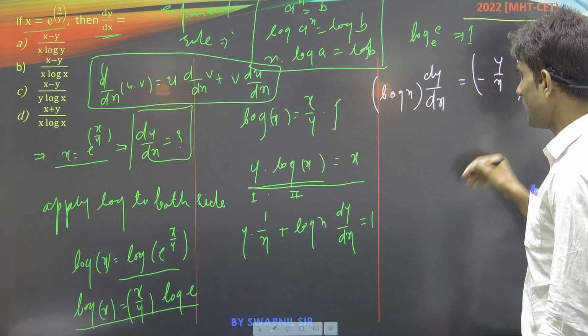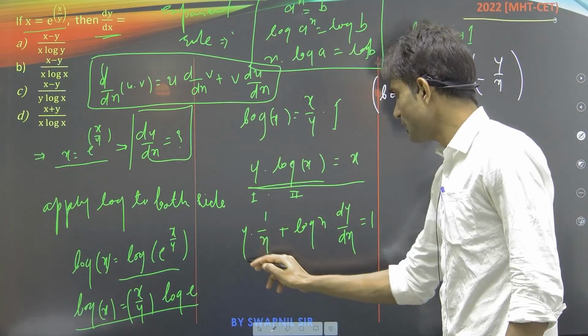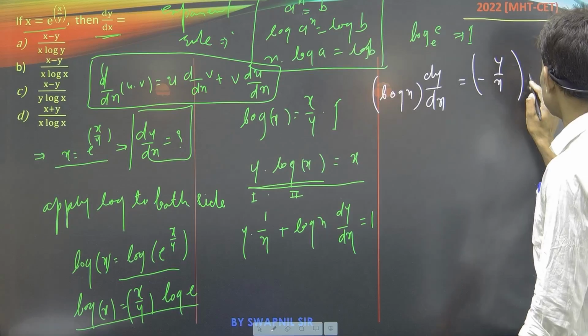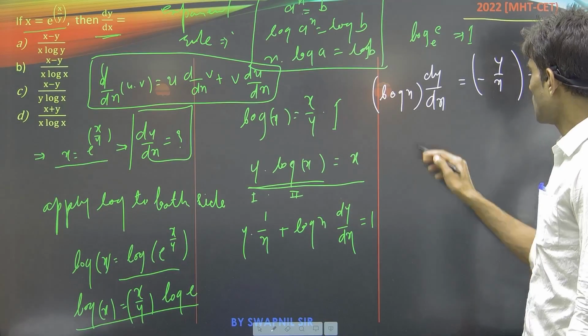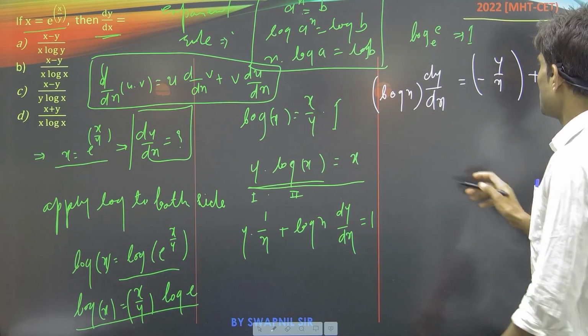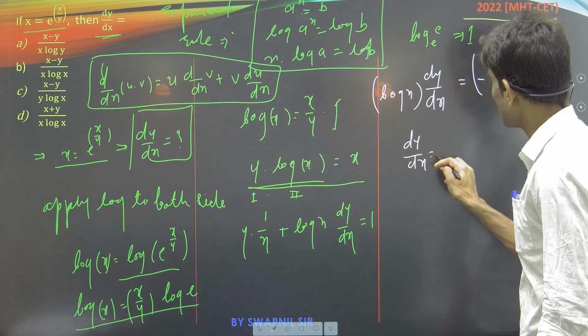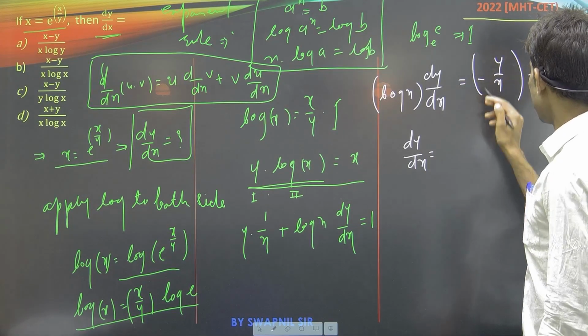Why minus of y divided by x? This positive term is taken to the other side, which is minus y by x, and plus 1 kept as it is. So next step, log x also take it to the other side, so we get dy by dx which is equal to minus y divided by x.